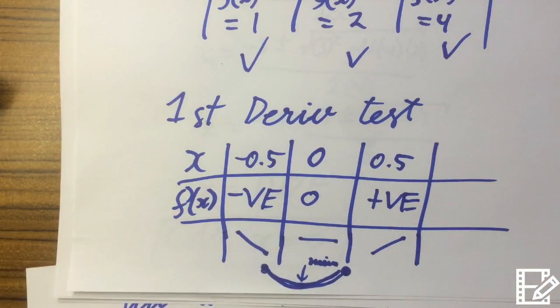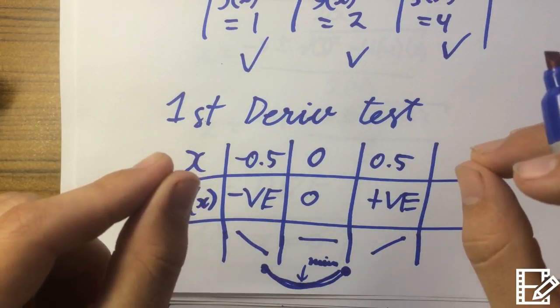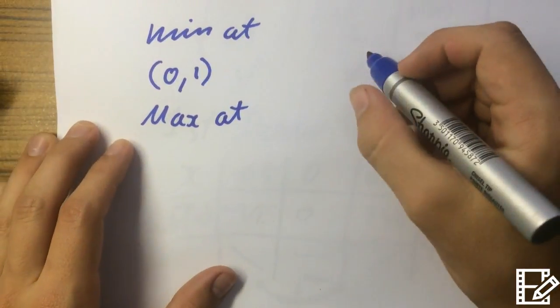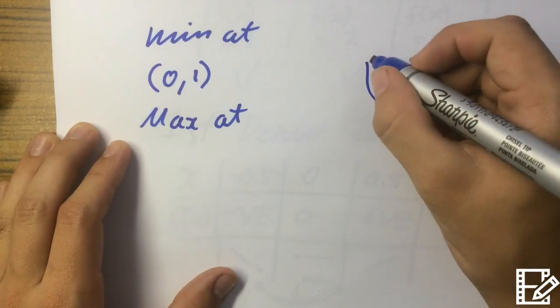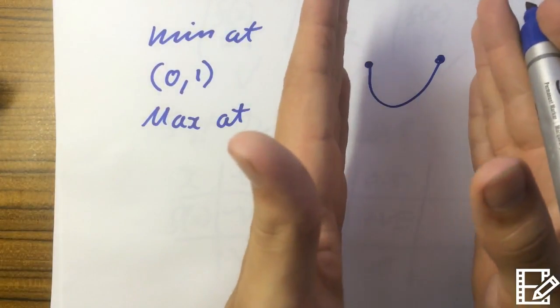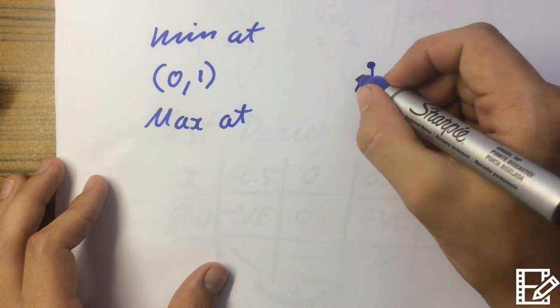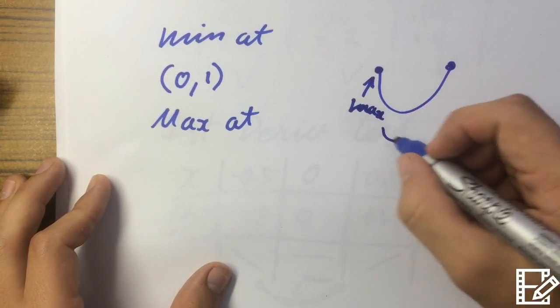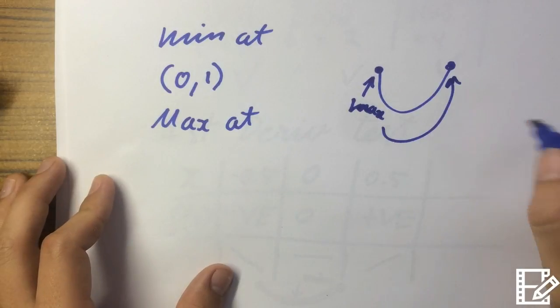Some people argue differently, but because we're stopping it there, some people like to consider this as being a max, as well as this being a max, and this is the min.